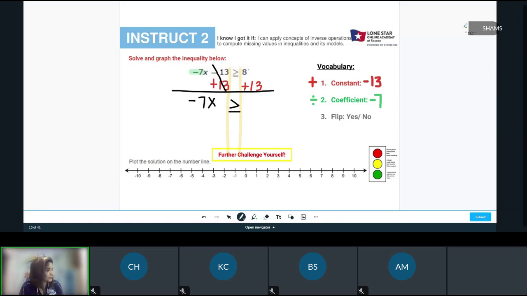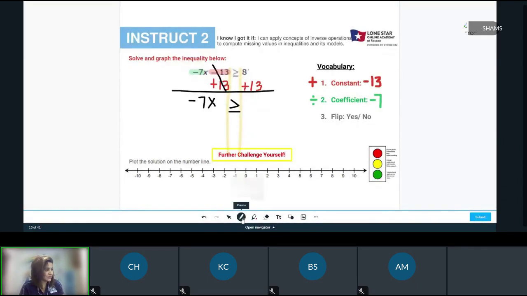Okay. So, Leah, here when I add 13 to both sides, my step 1, there are only 2 steps to do. Step 1, get rid of the constant. My constant here was minus 13. To get rid of the minus 13, I decided to add 13. What I do to one side, I also do to the other side.